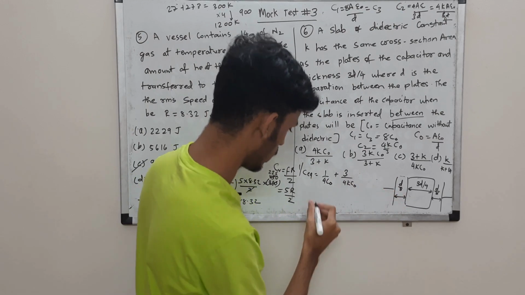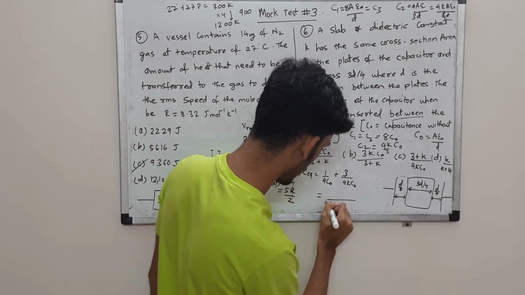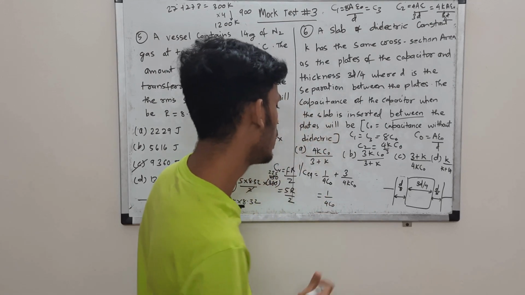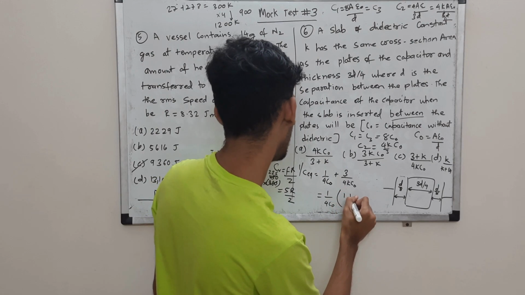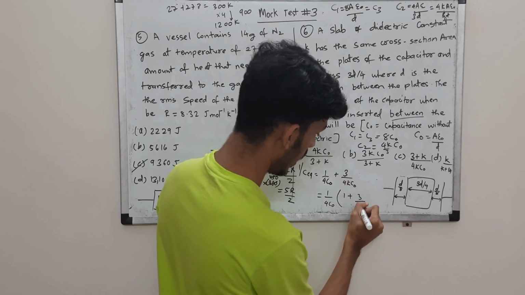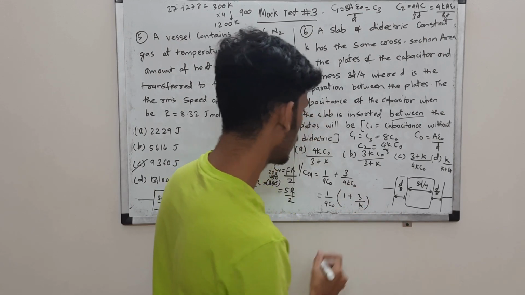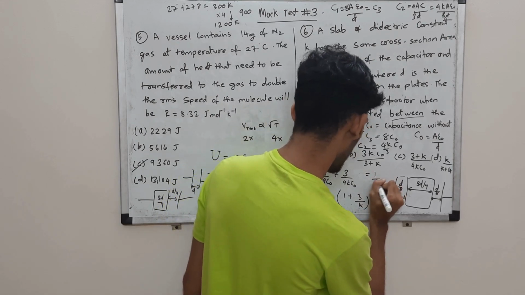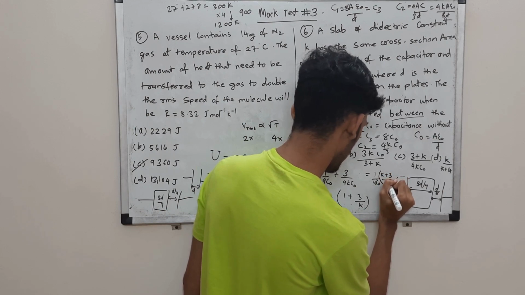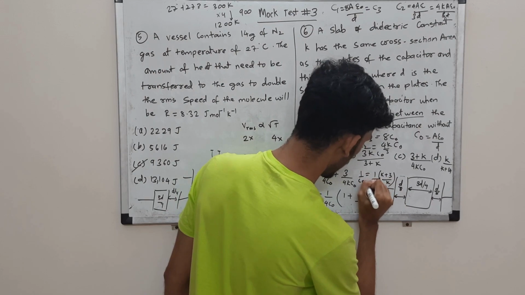Now you can take 1 upon 4 C naught common, leaving 1 plus 3 by K. So this will give us 1 by 4 C naught times K plus 3 upon K. Keep in mind, this is 1 upon C equivalent.